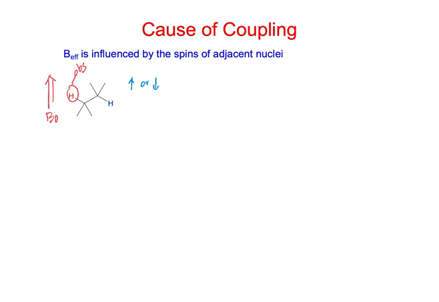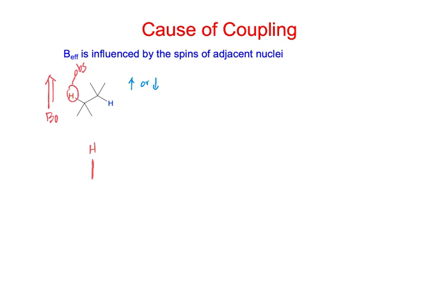But in this case, we're just looking at the peak heights, and so they're going to roughly look to be 1-to-1, because the excess of the plus 1/2 is very small. In the absence of any coupling, let's say that this red proton would just have a singlet right here.